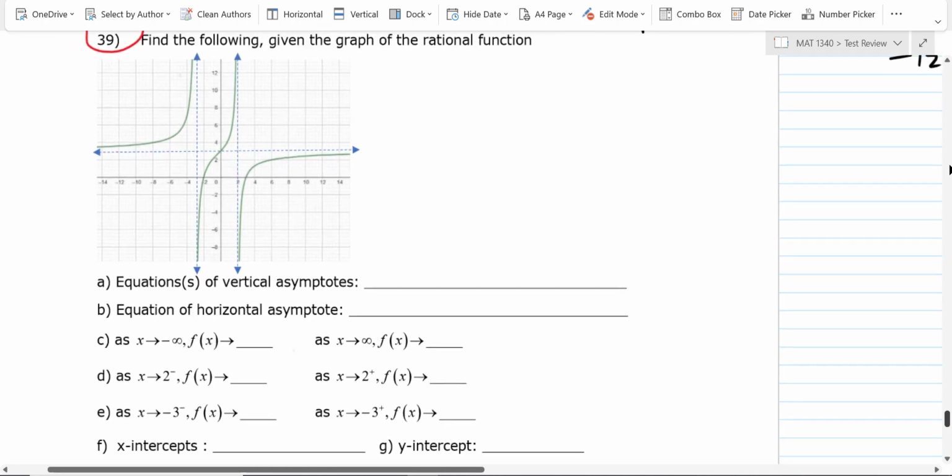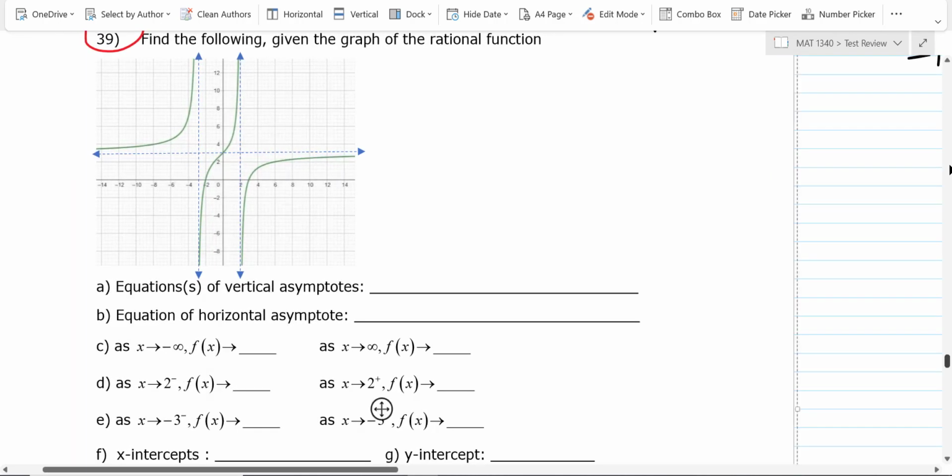So first of all, on a problem, it'll be pretty clear what the vertical asymptotes are. Those are the dashed vertical lines where you have breaks in the graph. So one of these occurs at x equals -3. The other vertical asymptote occurs at x equals 2.